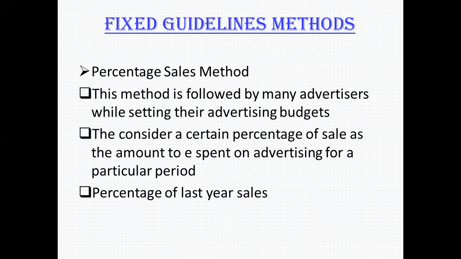But in the scenario going on in the market, we cannot hike our units because the market is fluctuating. The market is unstable now. Okay, so this is the percentage sales method. We will fix a particular percentage based on our previous year's experience, previous year's sales.